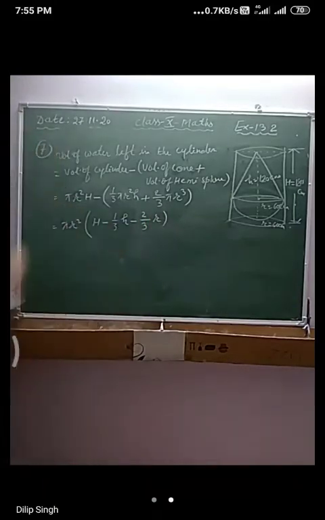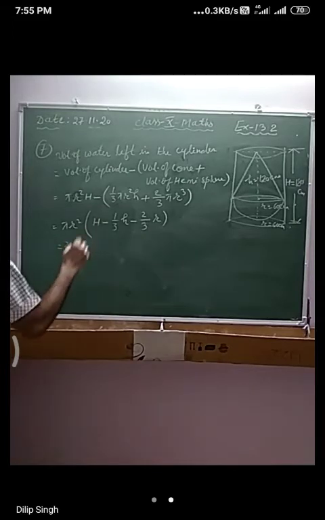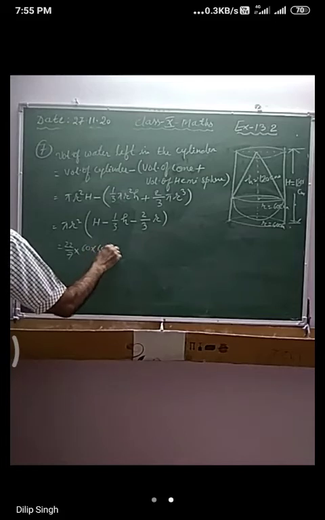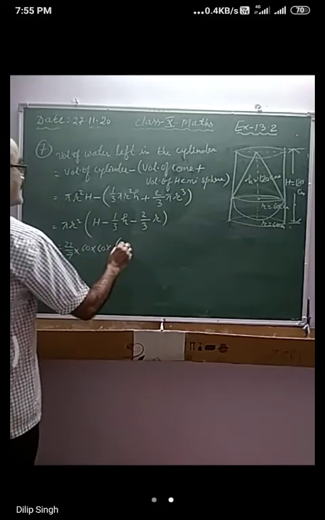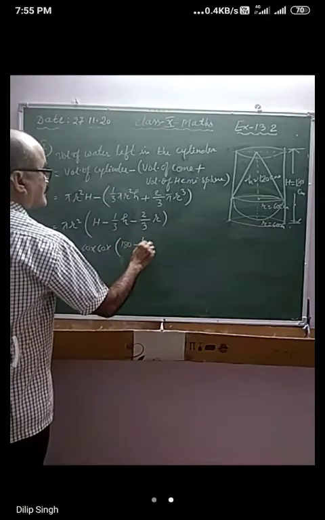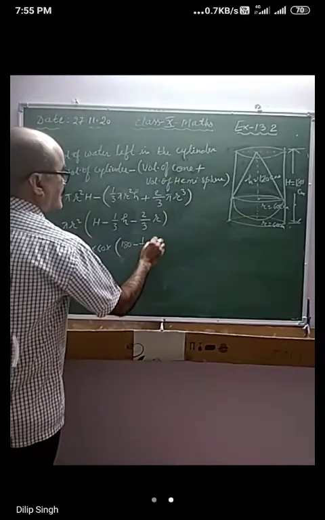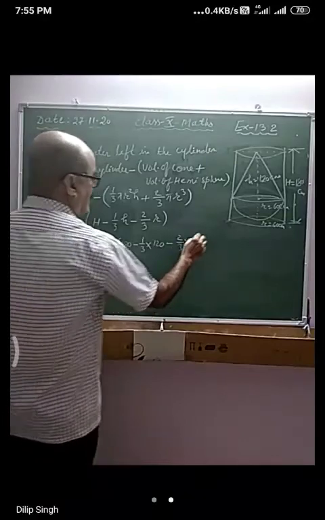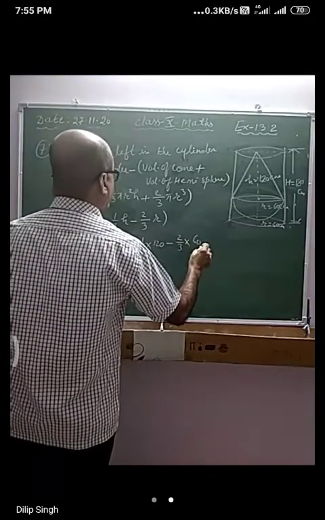Now substitute the values of pi, r and H, that is 22 by 7, and r square is 60 into 60, right, and capital H is 180, minus 1 by 3 into small h, which is 120, minus 2 by 3 into r, which is 60, right.